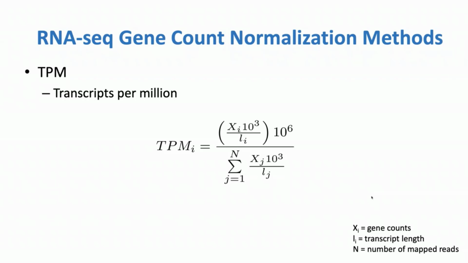If you apply this normalization and sum up all the TPM scores for a sample, the sum is 1 million, right? Because if you look at the term below, you normalize by the scores over all transcripts. So as a sum, it will just cancel out, and you are left with 10 to the power of 6.